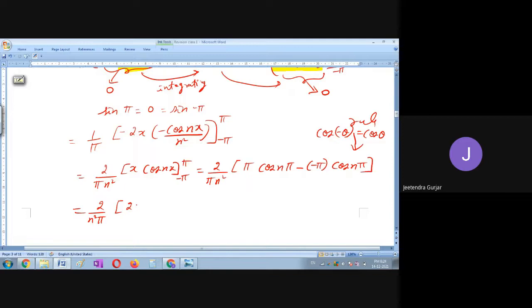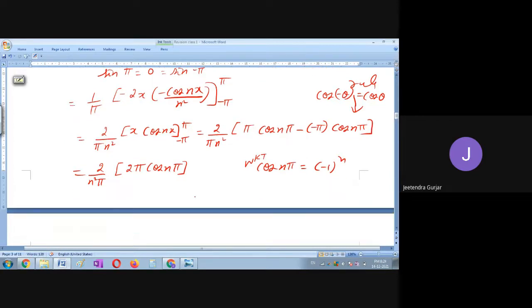So this is 2 times pi cos n pi. One should always remember what cos n pi is. We know that cos n pi is equal to minus 1 raised to n.